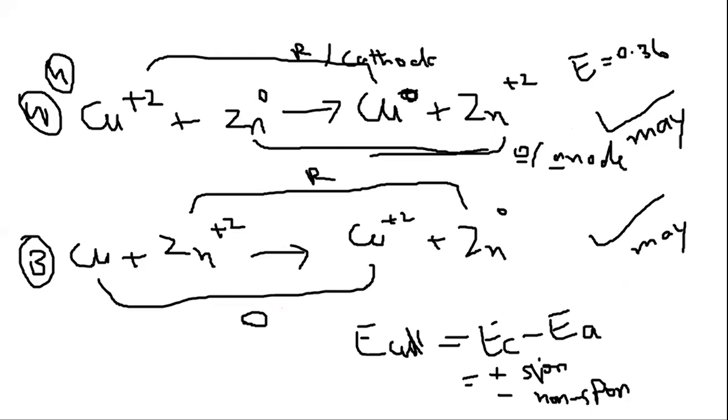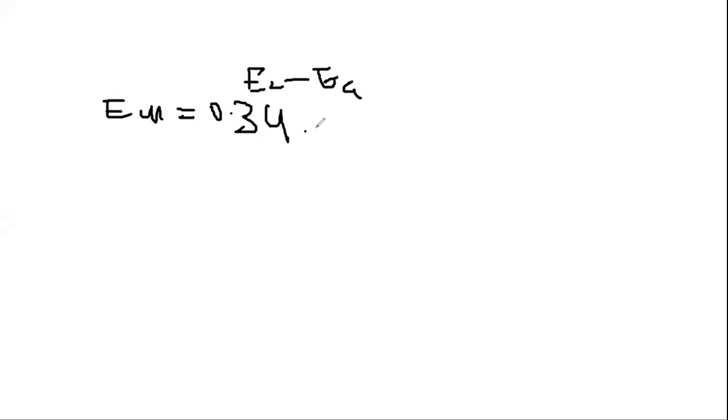So E cell is equal to 0.34, this is the reduction, E cathode, minus E anode. The minus sign in the formula is just to reverse the sign of the anode.